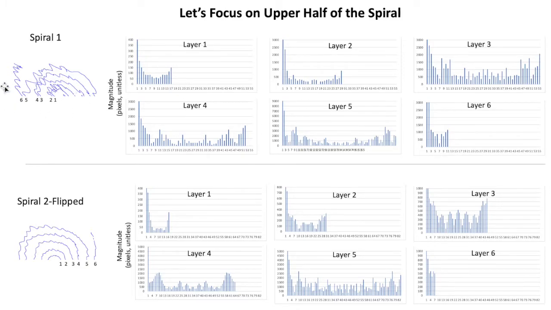Here I've numbered each layer on each spiral. And as you can see, in spiral 1, some layers overlap instead of being neat concentric rings, as can be observed in spiral 2, where each ring does not touch the others. To simplify these graphs, we summed all of the bars into one number for each layer. And when we did that, we found something very interesting.